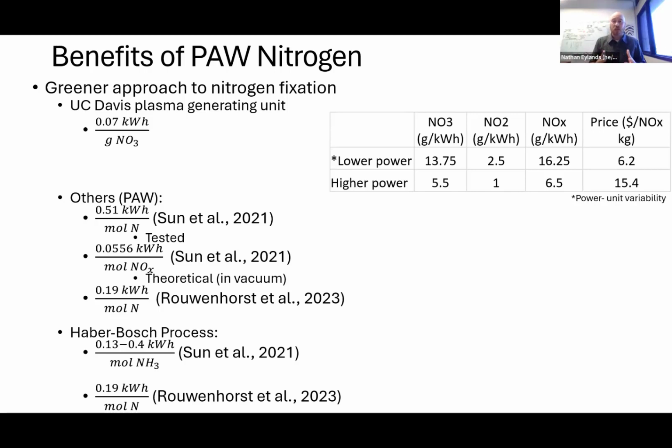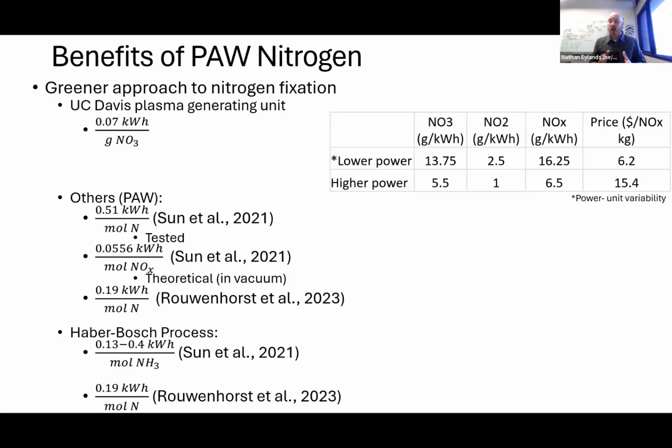It would appear that Haber-Bosch uses approximately 0.13 to 0.4 kilowatt hours to produce 1 mole of ammonia. Conversely, plasma-activated water can range from some theoretical minimum of 0.05 kilowatt hours per mole of nitrogen species, all the way up to 0.51 kilowatt hours per mole of nitrogen.